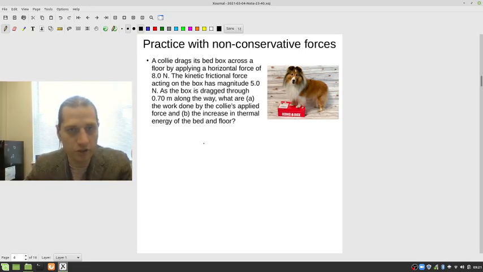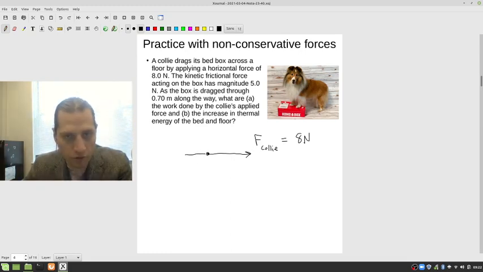A collie drags its box across the floor, applying a force of 8 newtons. Okay, so my force of collie equals 8 newtons. The kinetic frictional force acting on the box has a magnitude of 5 newtons. Okay, so the collie's pulling forward, the frictional force is pushing backwards with 5 newtons.